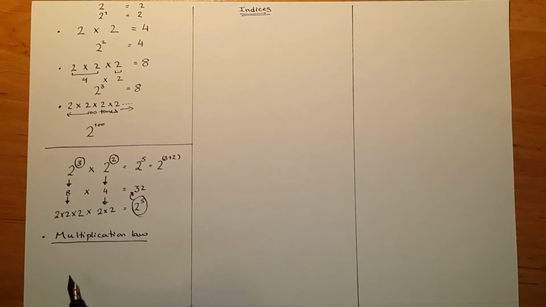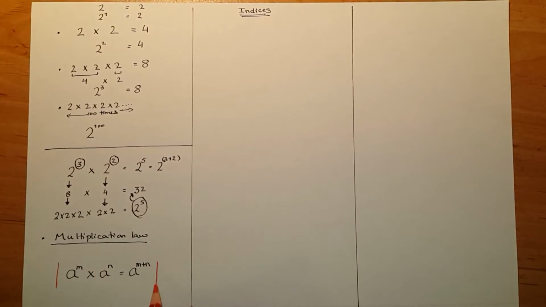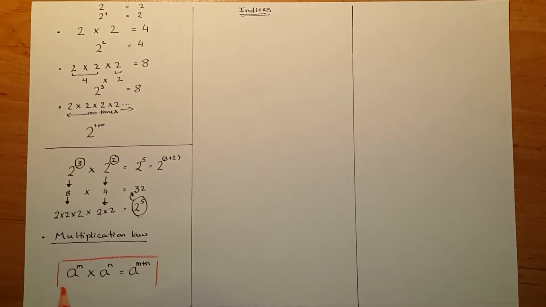Let's say you have a certain number a to the power of m times a to the power of n, where a can be any number and m and n also, it's going to be a to the power of m plus n. This is our first law of indices.